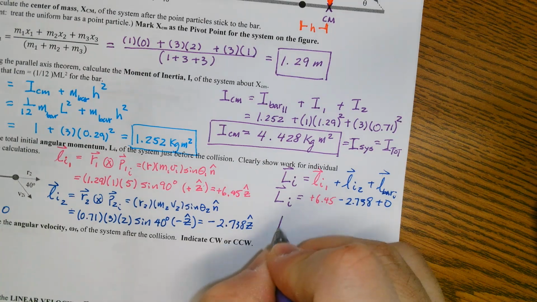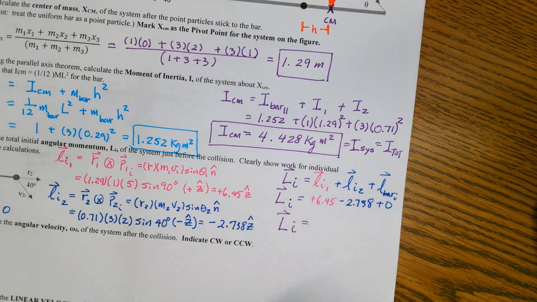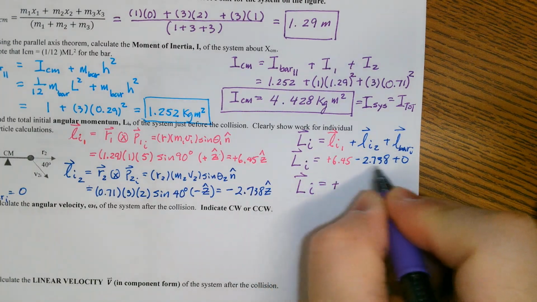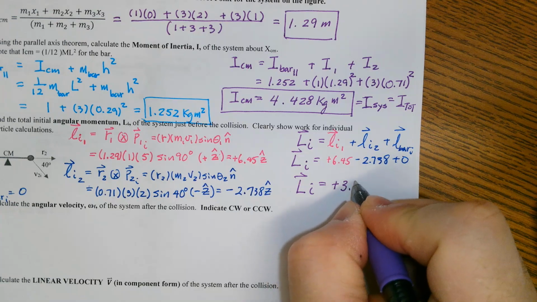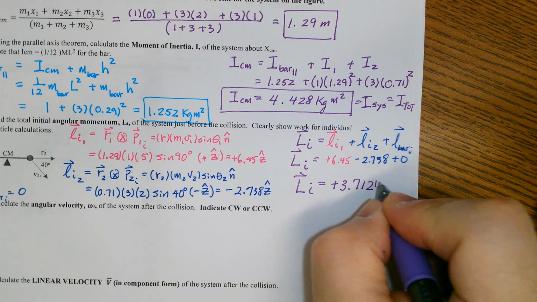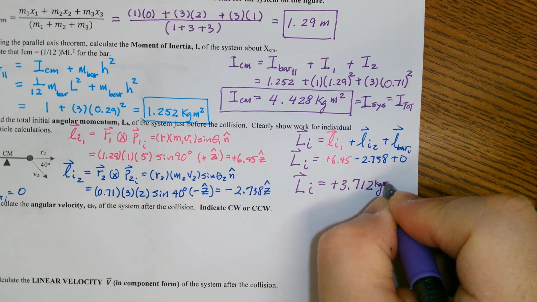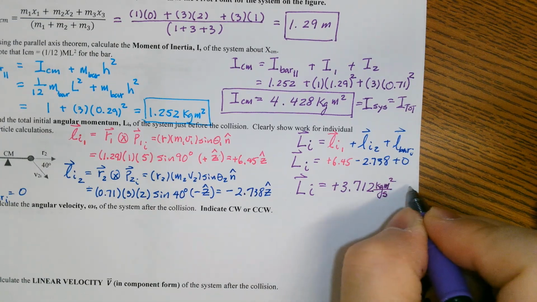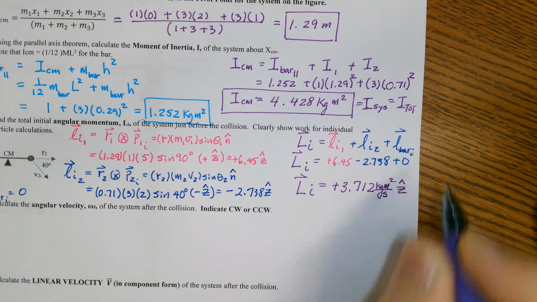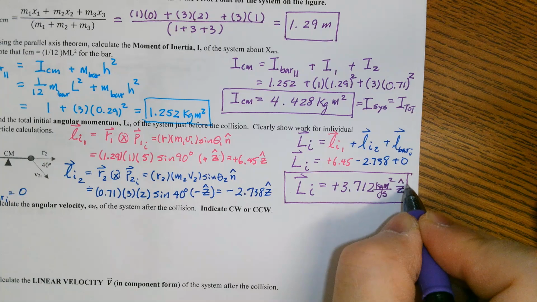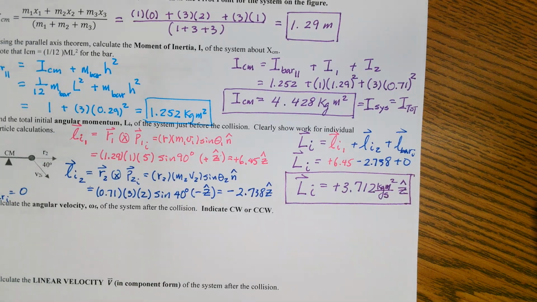So my total angular momentum initial comes out to positive 3.712 kilograms meters squared per second Z hat, which is the total angular momentum before the collision. Okay, before the collision.